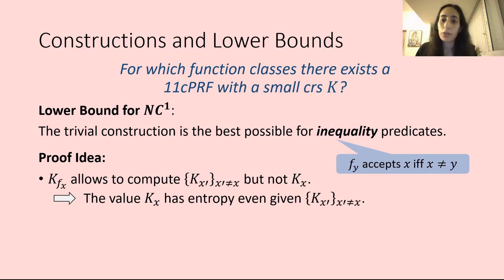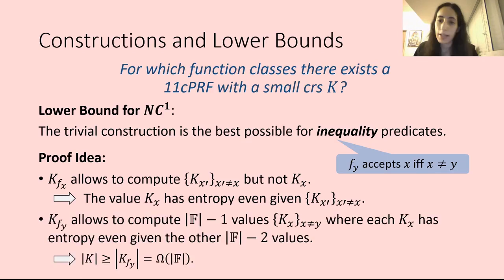But on the other hand, due to the security, we also know that k of f sub x shouldn't reveal any information about k sub x. So it means that k sub x must have at least a single bit of entropy, even given all of the other k sub x prime, for all of the other possible x prime. So keep that in mind.